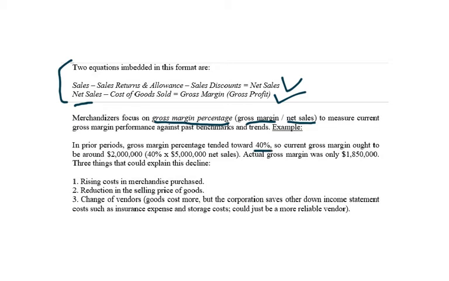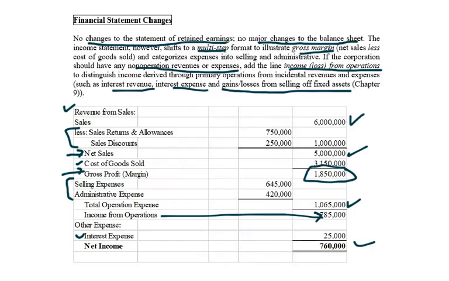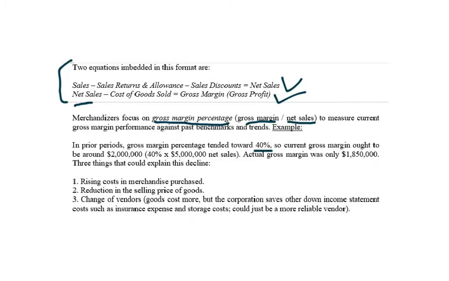In other words, when they took this 1,850,000 and divided it by net sales, they would typically get 40%. Obviously, we wouldn't get 40% in this instance. In this case, we would actually get 37% if you do the math on this one. So we get 37% instead of 40%.